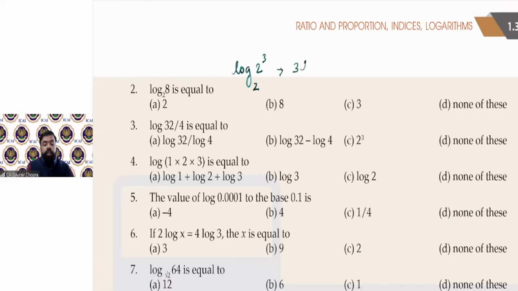So it will be 3 log 2 base 2. Now log 2 base 2 is 1. So 3 multiplied by 1 will give the result as 3. So option number C is correct.